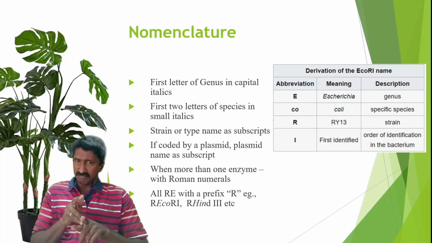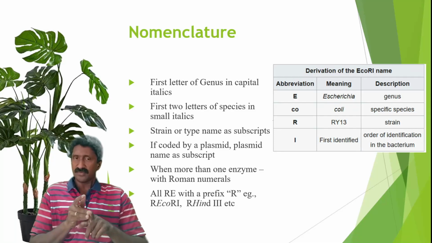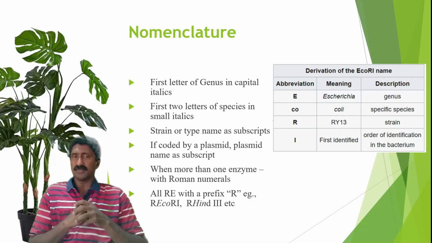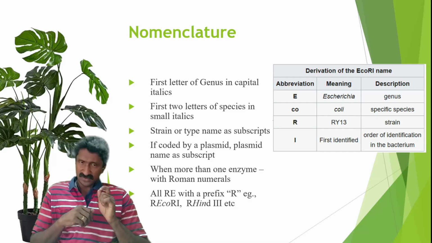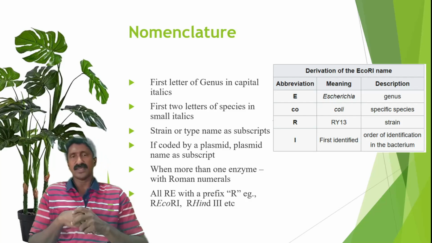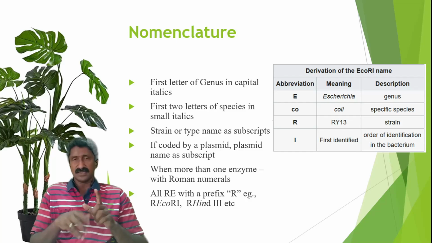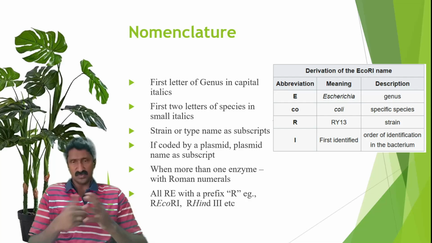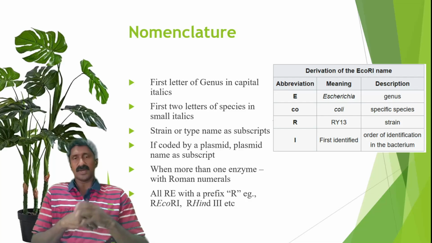Then the strain name R is the strain of the E. coli from which it is isolated. Then the order of identification: the first enzyme isolated from E. coli strain R is EcoRI. So the first enzyme identified will be marked as first, and the second will be marked as second.